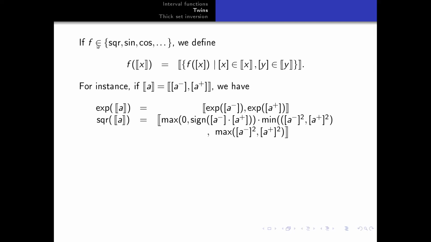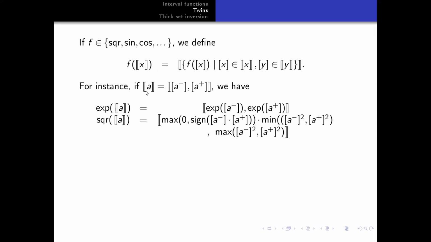Now, if I have a function such as the square, the sine, I will focus on the square, but it can be the same for all other types of unary operator or classical function. So I will take the set of all possible intervals by f, like this, and I will take the smallest twin which encloses this set.